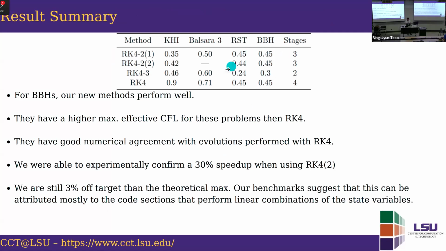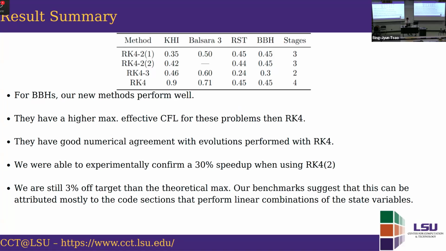So this table here summarizes the largest CFLs we could take for each of these different tests that I presented. So here we see CFLs we took for the Kelvin-Helmholtz instability, the CFLs for the Balsara-3 test, the robust stability test, and the binary black hole merger test, right? So we found that our two-step methods, the ones that use a previous time level, were really good.